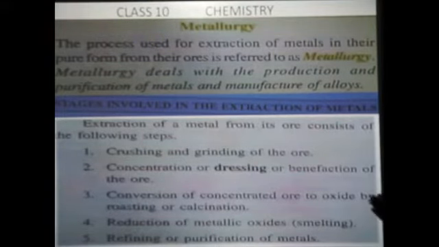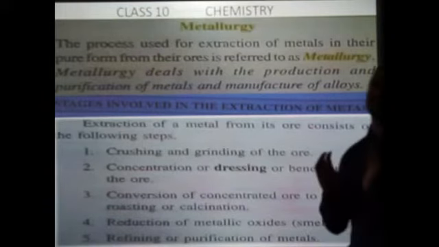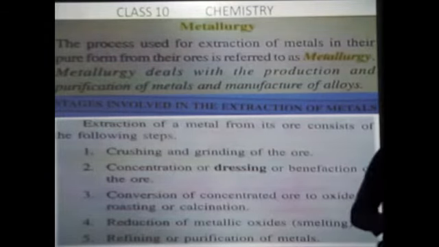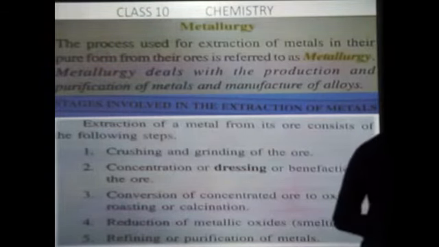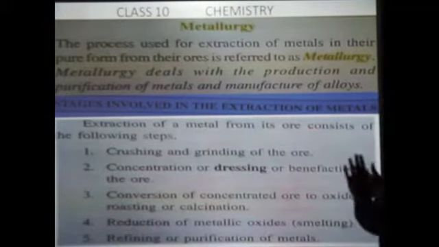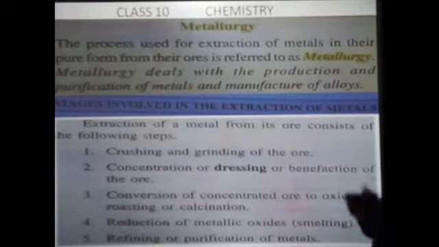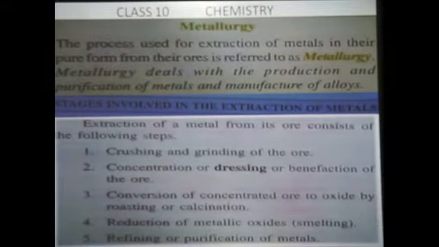This metallurgy is a vast subject actually. Even the metallurgy of copper alone can fill a book. But in short, here the basic knowledge has been given.